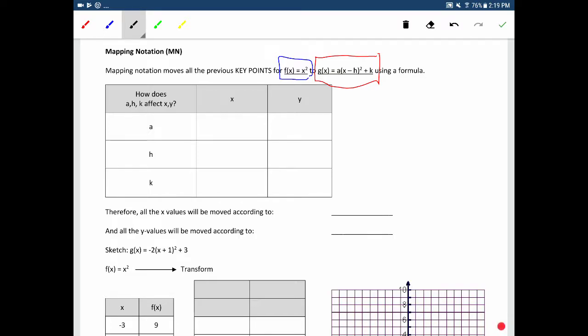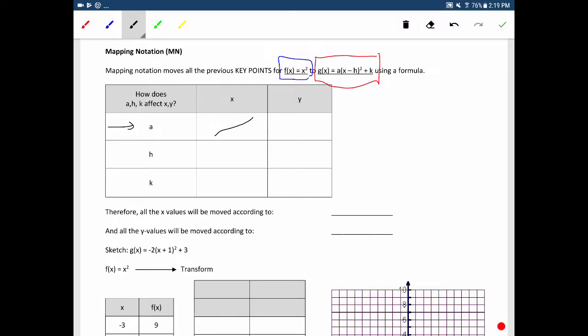So you've got your a value here. You're going to take your coordinates of x and y, and you're going to apply the transformations directly to those coordinates. The a value is not going to have any effect on the x, because this is our vertical stretch.